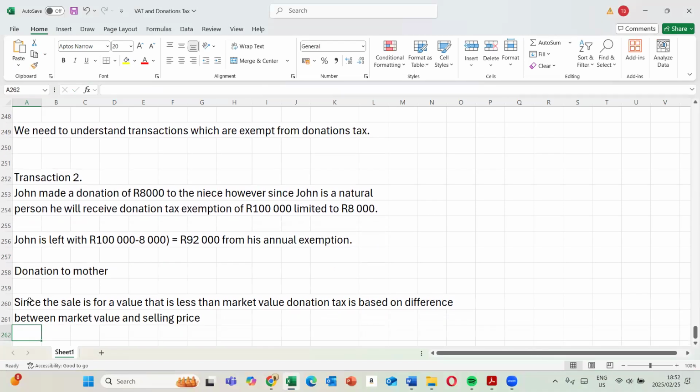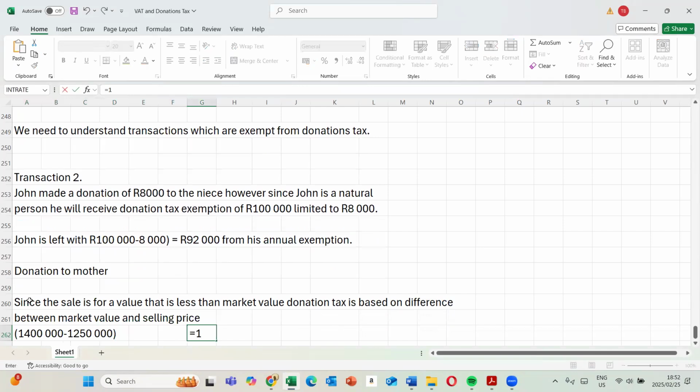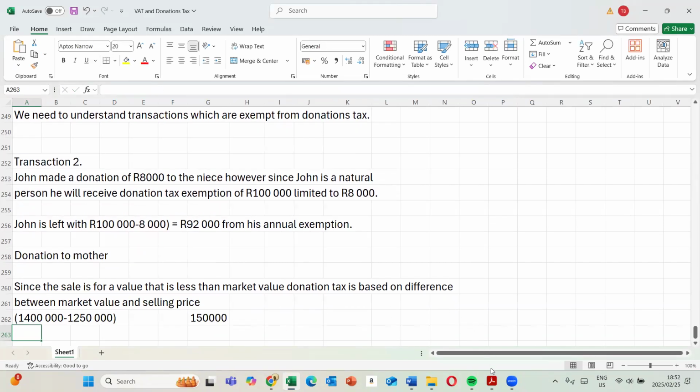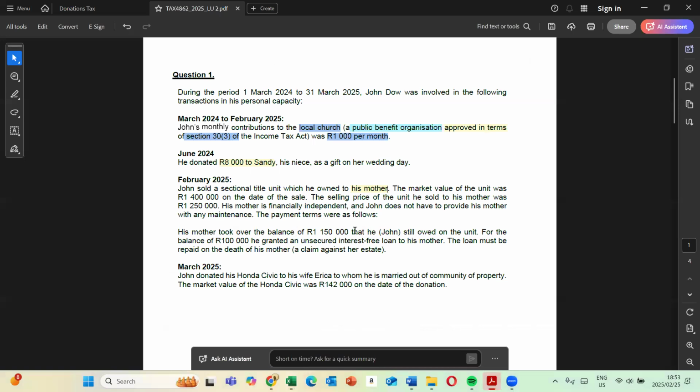So the amount John is donating is 1.4 million minus the 1,250,000 he is promised to receive. The donation is therefore 150,000. That's the donation.